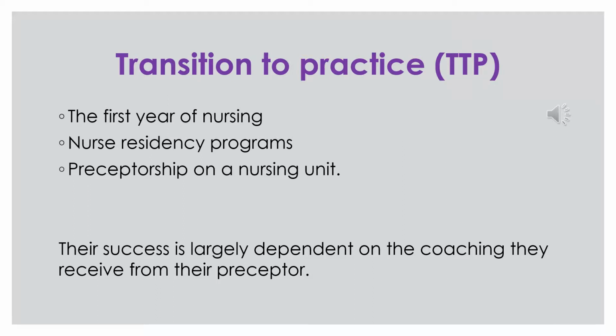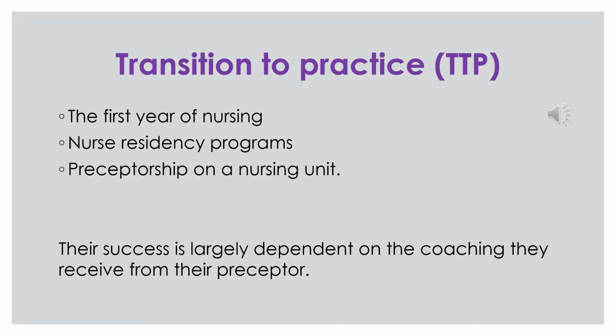So the first year of a new grad's life is called their transition to practice phase. So it takes up to a full year, sometimes 2 years, for them to really get to that competent level. That's why they say, for instance, certification, that you should have 2 years experience prior to getting certified in a specialty, because you're really not a content expert and very knowledgeable about that realm of nursing.